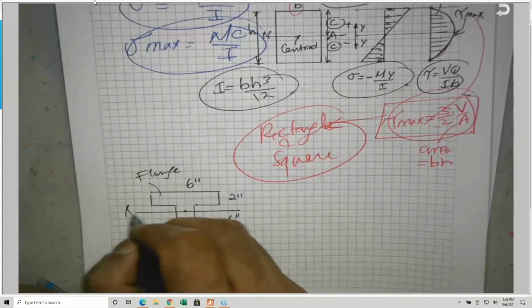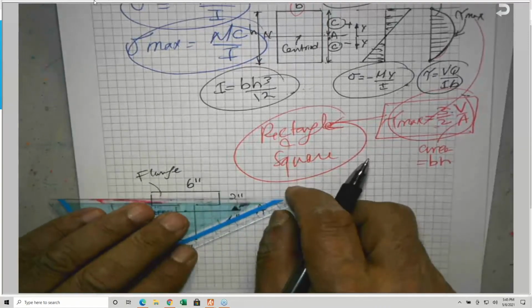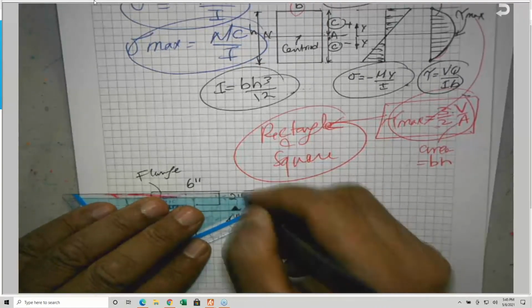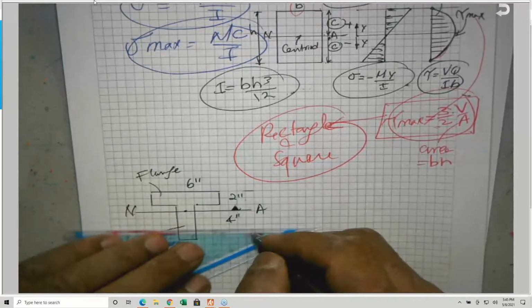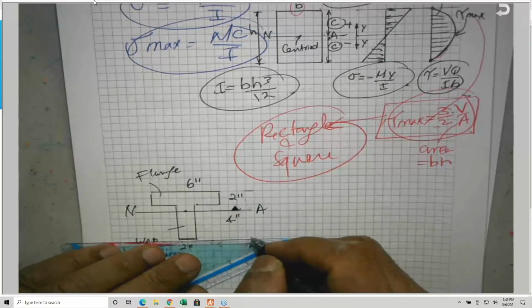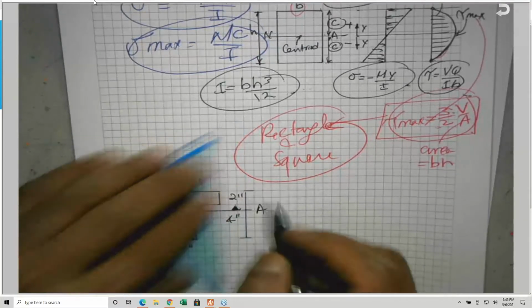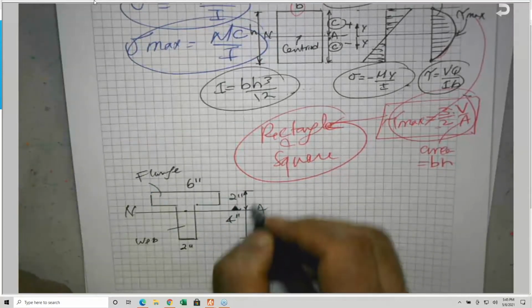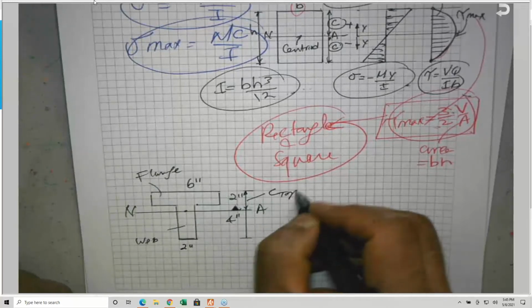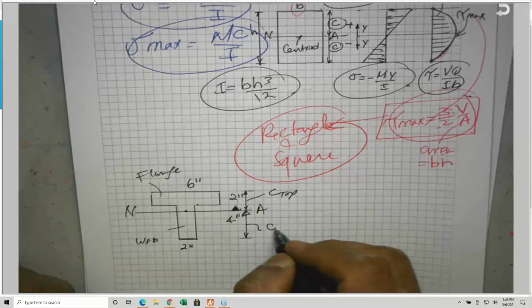This is called NA, neutral axis. Here I have 2 C's, and this is why you have to be careful, because what he's asking for is the maximum tension or maximum compression. So I have 2 C's. This we call C top, and this we call C bottom. And they are different, by the way.